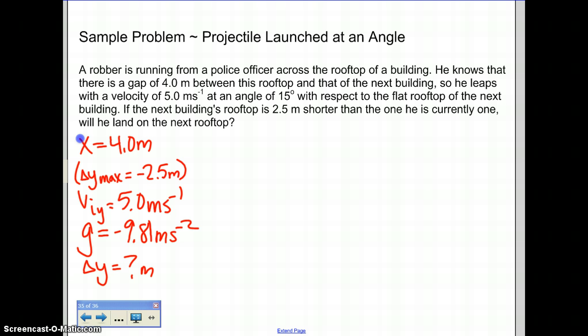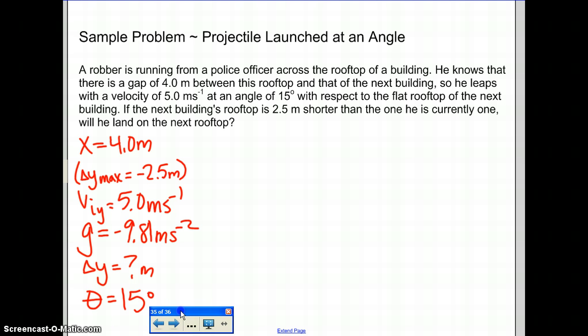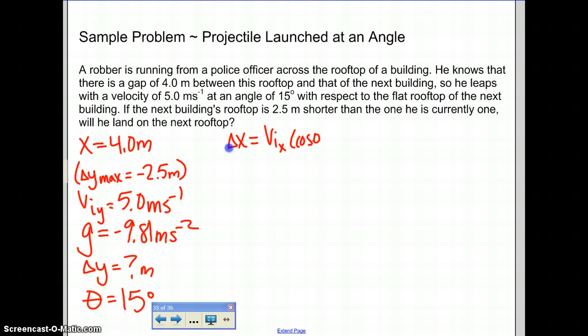The big difference on this problem from the previous one is, I forgot to write it in as a given, you have a theta of 15 degrees.